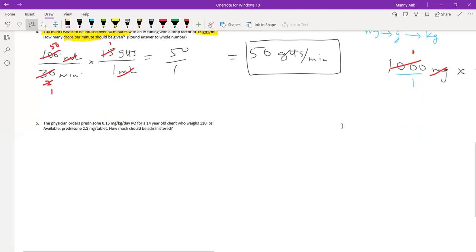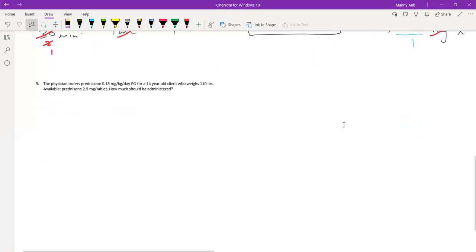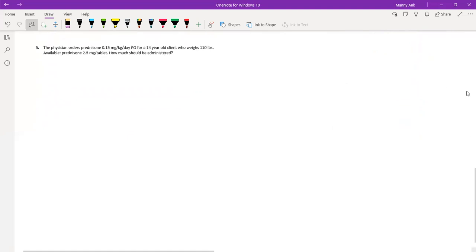All right, let's try one more problem here. This is an example of a three-factor type of dimensional analysis problem. It says the physician orders prednisone 0.15 milligrams per kilogram per day, PO, for a 14-year-old client who weighs 110 pounds.